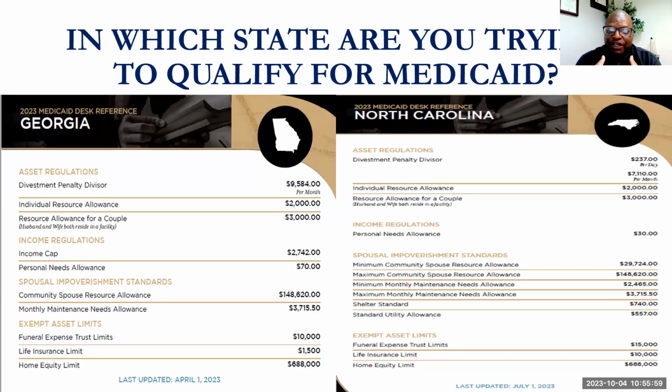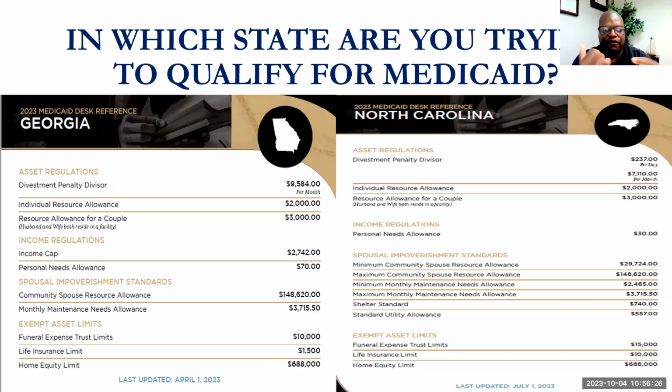The person staying home, we call the community spouse. The income side of things is based off of that particular state's rules. Some states like Georgia are called income cap states. You have a number that they give you, which is 3 times the SSI limit number. The SSI limit number is $914, so 3 times that is $2,742.